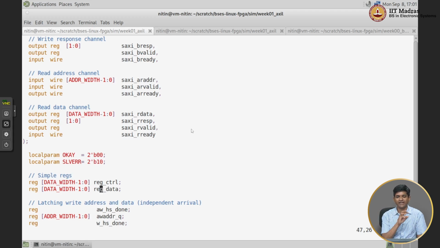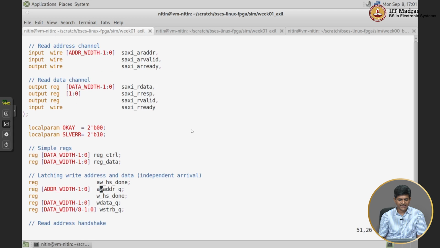In other words, if I write into address 0 corresponding to the AW address over here, it will write into reg control. If I write into address 4, because after all that is the next 32-bit address, it will go to reg data. So, let us see how that gets implemented.